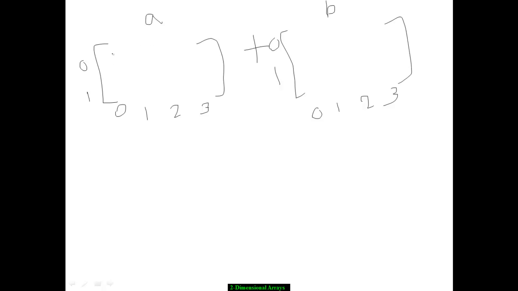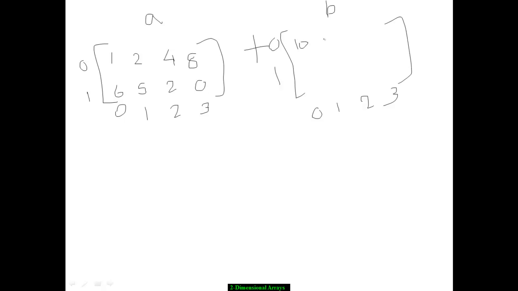Now let me name the elements: 1, 2, 4 and then 8. So this can be 6, 5, 2 and then 0. Anything as you wish you can include.